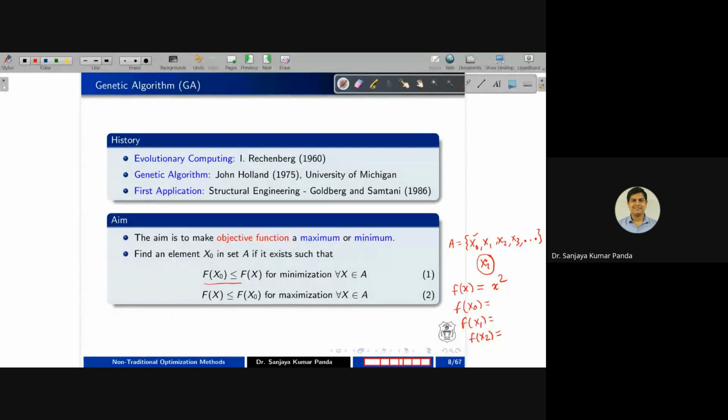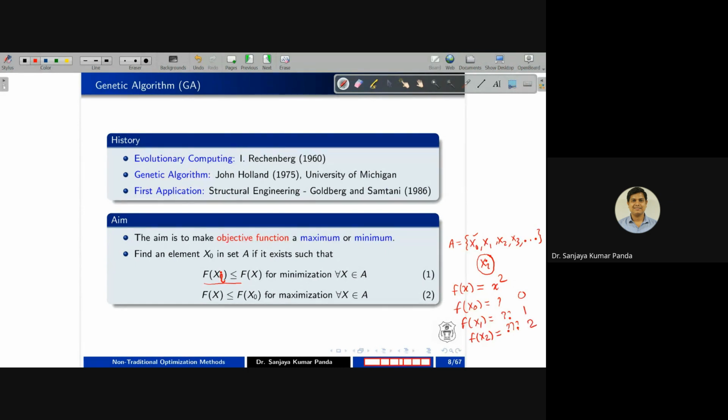So if you find a particular value f of xi which is less compared to all other values, out of all the values, xi is the one where you got the least value. That is a minimization problem. Suppose in the x0 case you are getting 0, in the x1 case let's say 1, in the x2 case let's say 2.